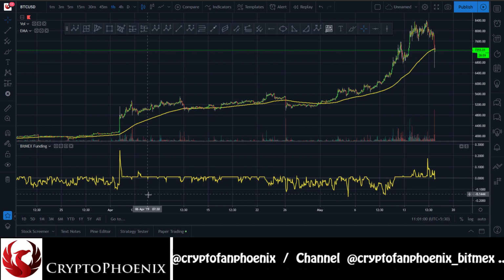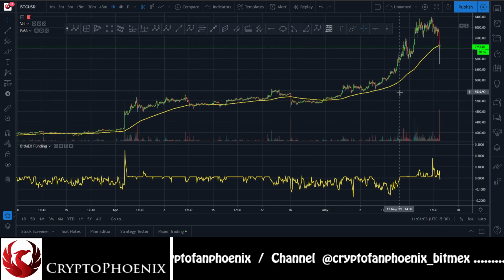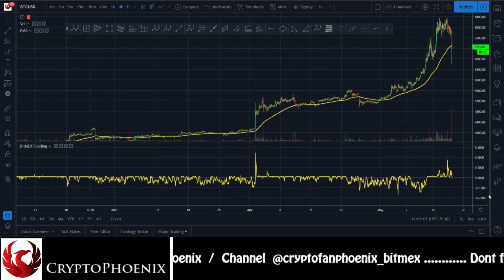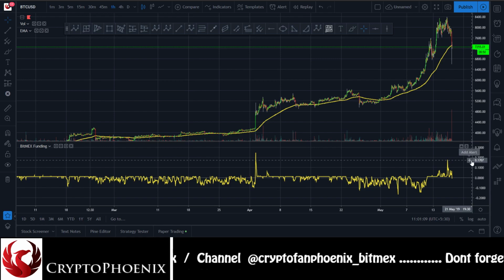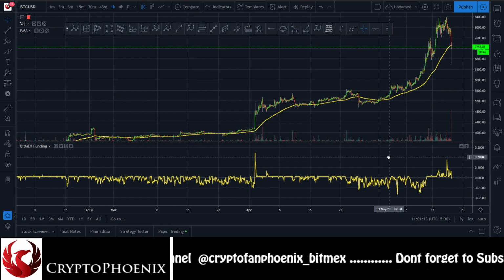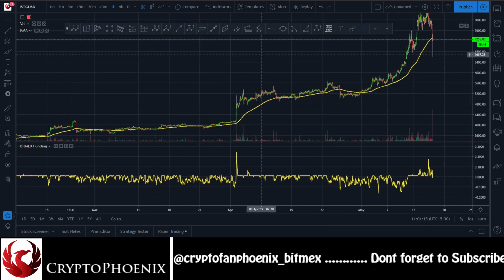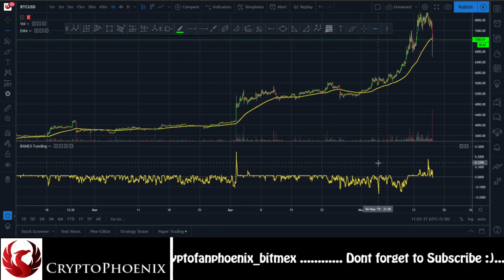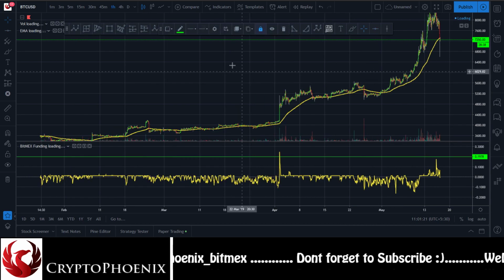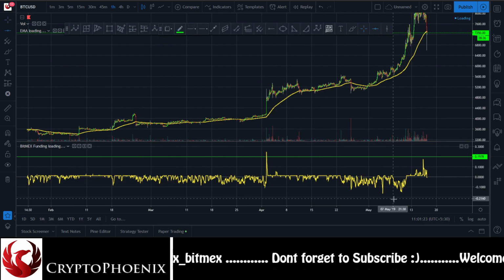So we will use this as a counter indicator. Let's mark two extreme points: funding rate at 0.2 and funding rate at minus 0.02. You can just do it approximately for your reference.